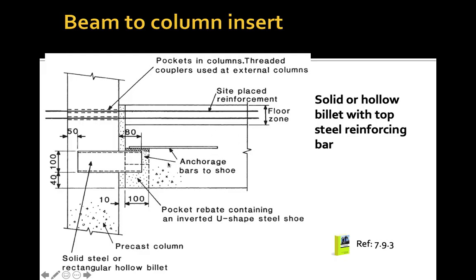So this is our beam, therefore we need to have the anchor shoe as well. So this is for solid or hollow bellay, with a top steel reinforcing bar, which is this one. So we have the reinforcing bar.